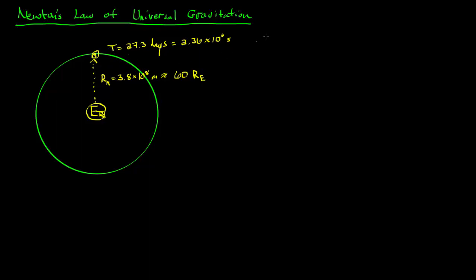What we want to do is use circular motion, so we'll determine the centripetal acceleration of the moon. Instead of using velocity, we need to use period, so it's going to be 4 pi squared times r over T squared.